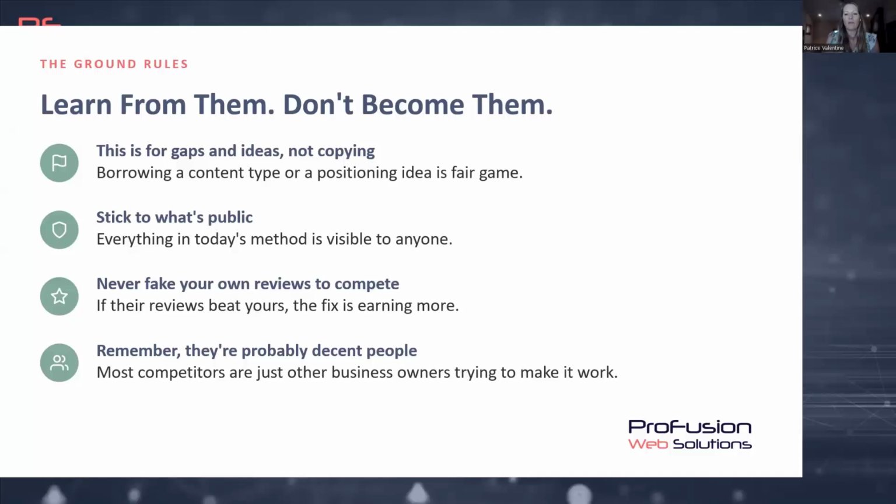The third ground rule we have here is never fake your own reviews, and don't leave negative reviews on your competitors just because you can. If their reviews are ahead of yours, fix what is causing you to not earn more reviews. Don't manufacture something, but if you're not asking for reviews, fix that. If there is a genuine issue in your company where you're not comfortable asking for reviews because you're not sure they're going to be positive, fix that first.